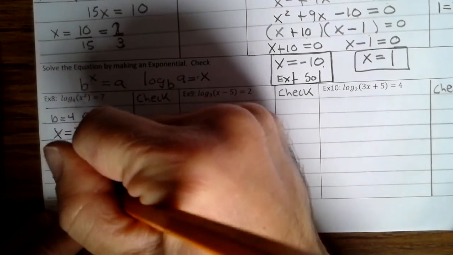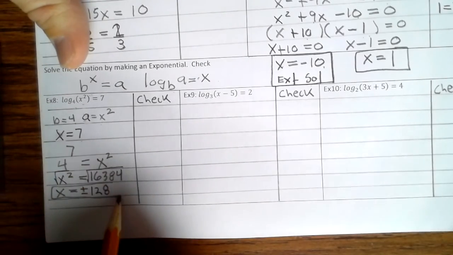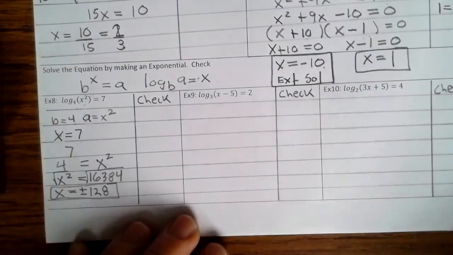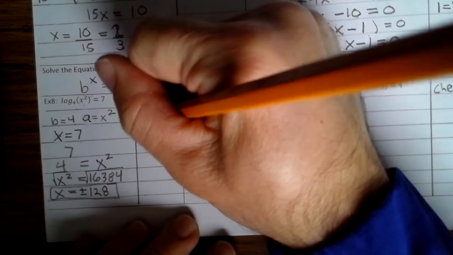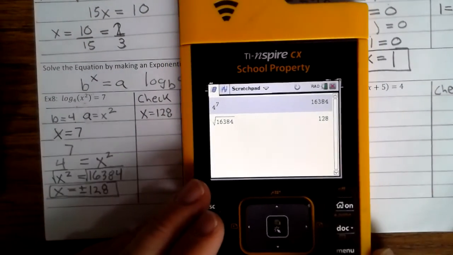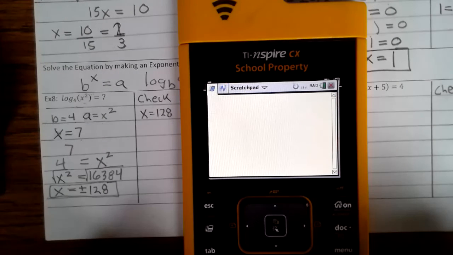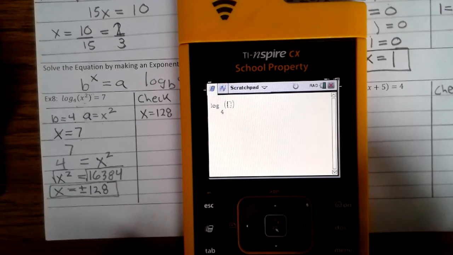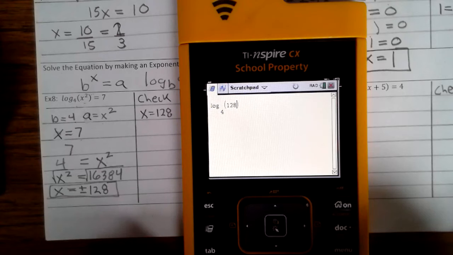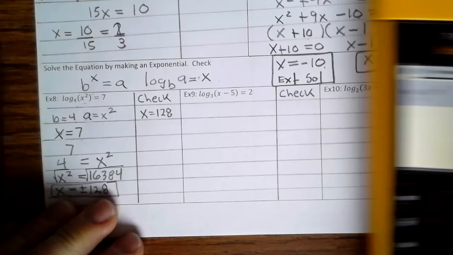Then log base 4 of 128 squared is 7, so that checks. So 7 equals 7. And then log base 4 of, now you have to square this, so negative 128 squared is 7, so 7 equals 7. So x equals negative 128 checks as well.